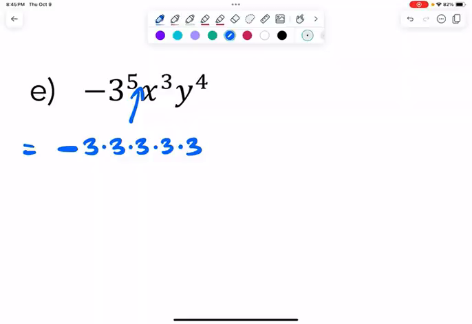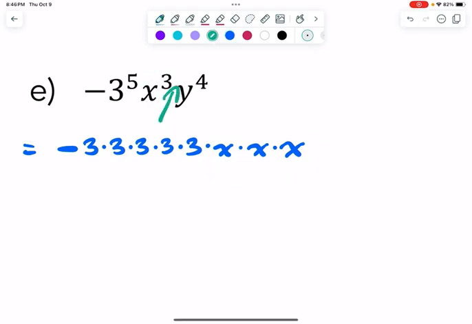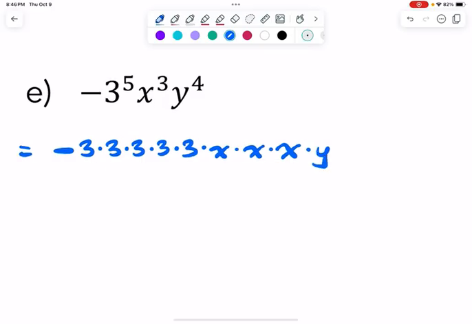Remember, there's multiplication between all these components. So we multiply by x times x times x. That covers x to the power of 3. And that's getting multiplied, the implied operation, by y to the power of 4, which is y times y times y times y. Whew, that one was a doozy.